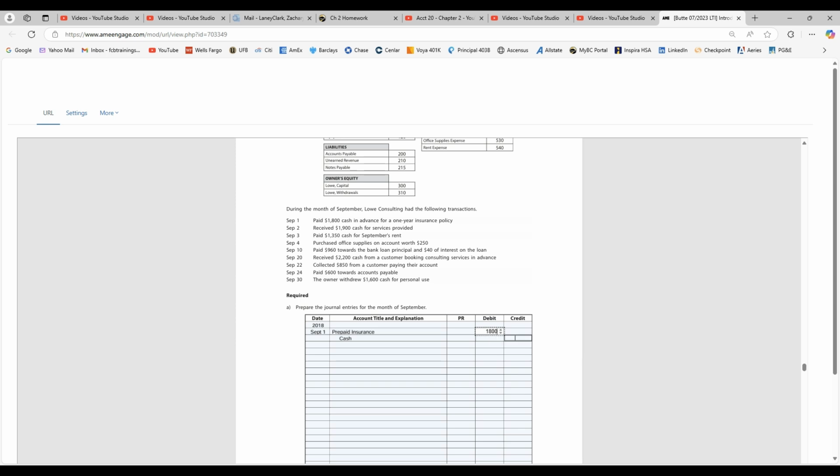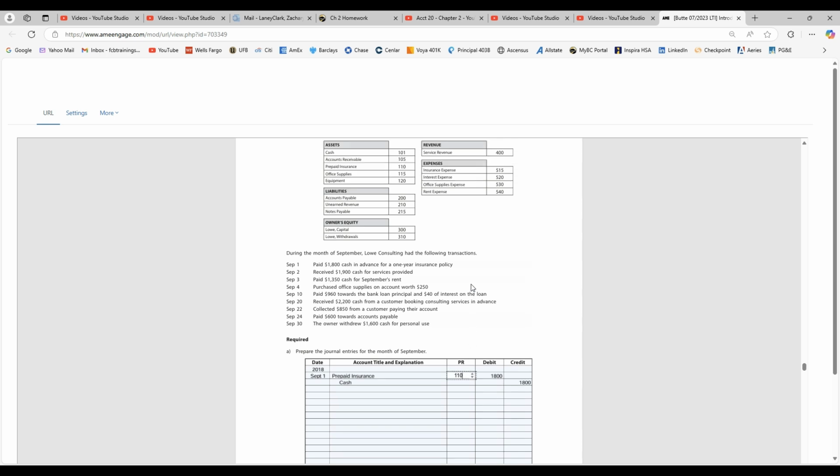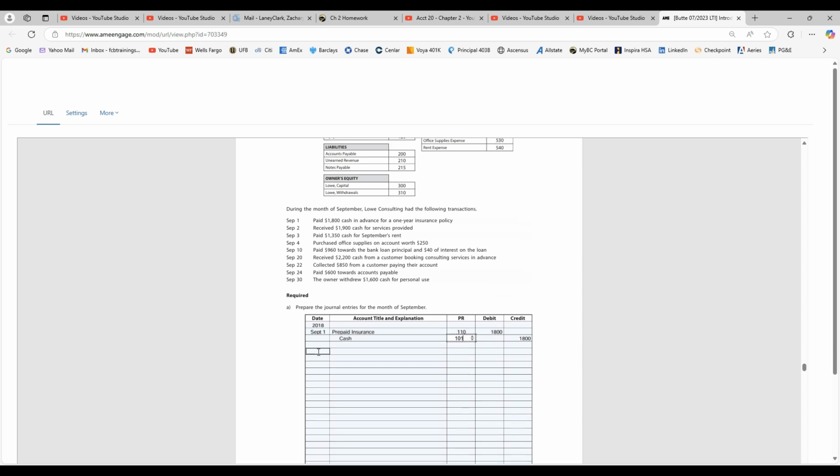We're paying $1,800 cash and receiving, in essence, 1 year of insurance coverage as a prepaid expense asset. The prepaid insurance asset account is 110 and cash is 101. So we'll put in our posting reference numbers there, and then a quick explanation: paid for a 1-year insurance policy.